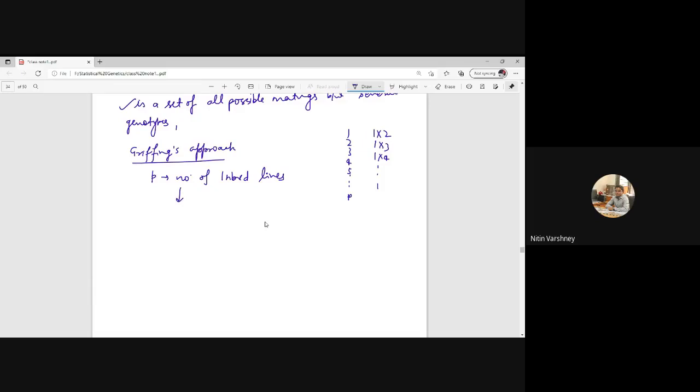Suppose I am having two inbred lines only, 1 and 2. How many crosses will be there?